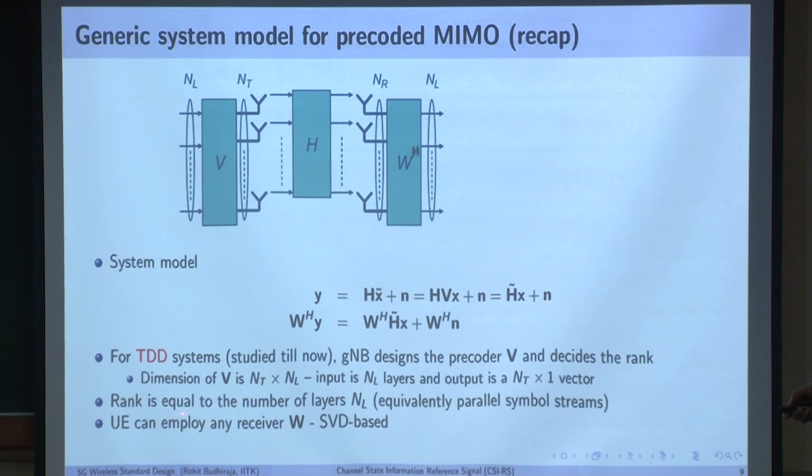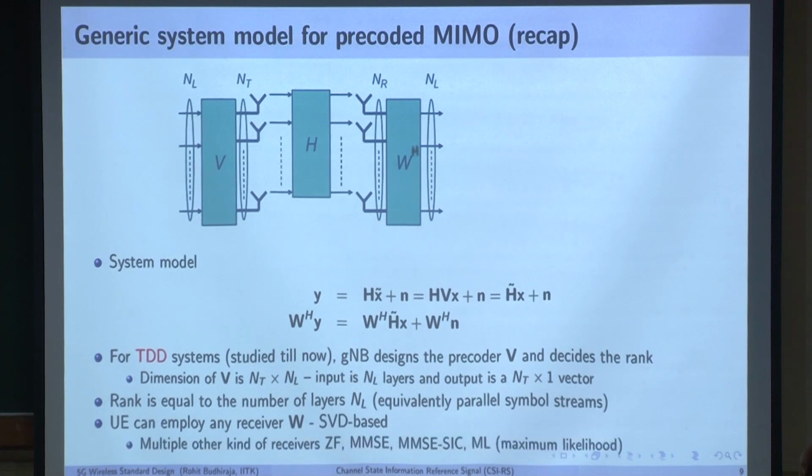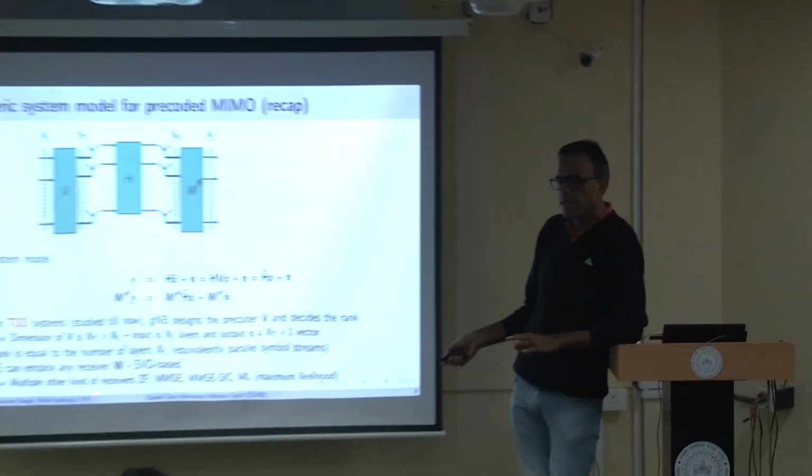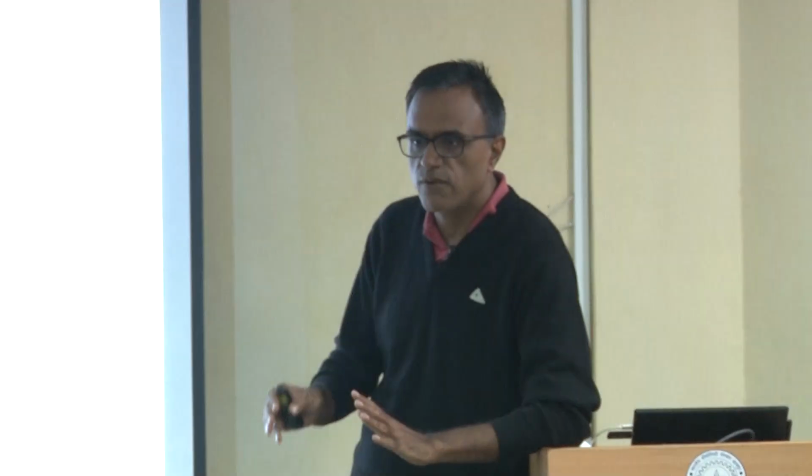And the UE can employ any receiver. We discussed one receiver, the SVD based one, and there are other kinds of receivers which are commonly used. We are not going into the details, but we have also seen zero forcing. How will the zero forcing receiver look?